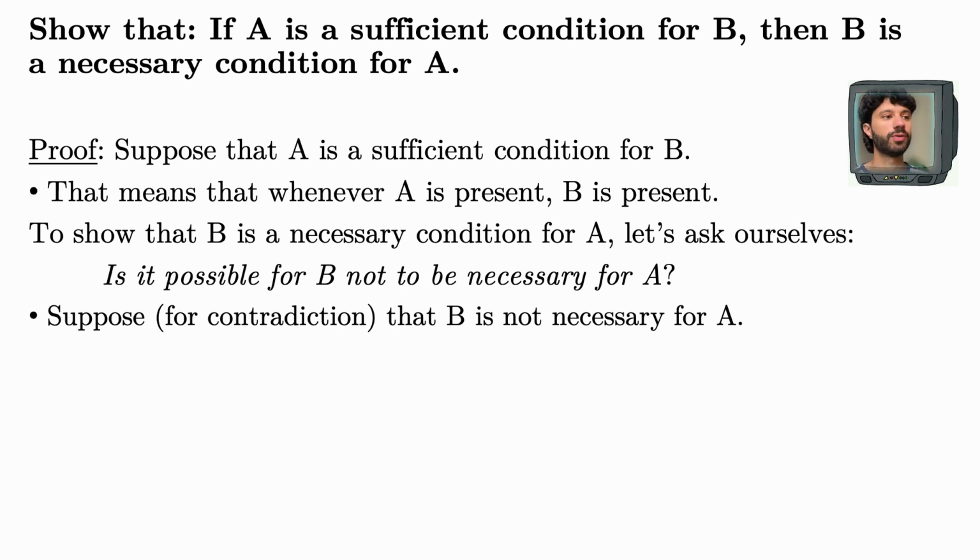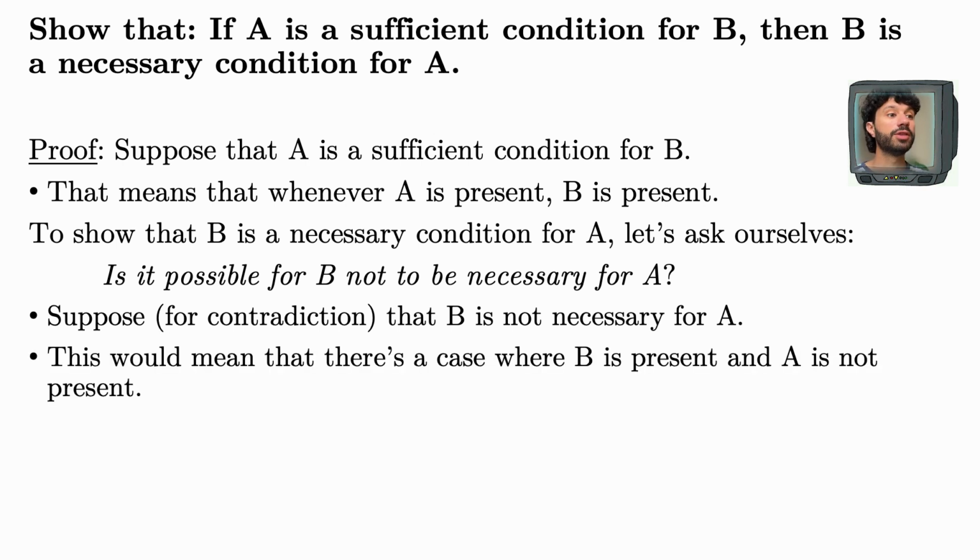Okay, so let's go on. So suppose for contradiction that B is not necessary for A. This would mean, right, we always go back to the definitions. What would it mean for B not to be necessary for A? This would mean that there's a case where B is present and A is not present, right? We saw that from before.